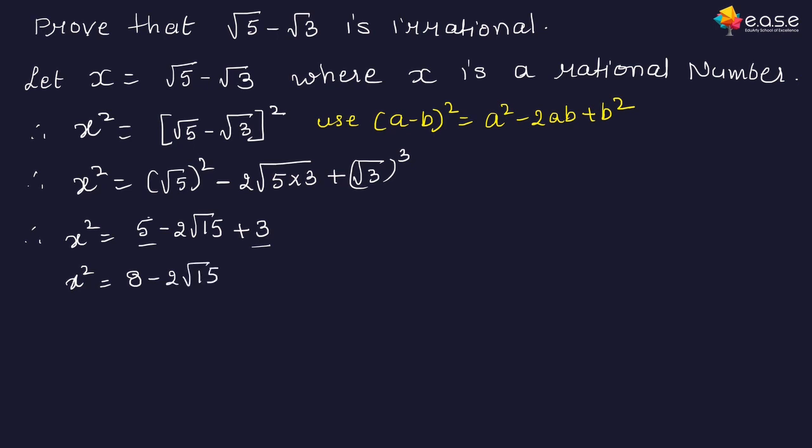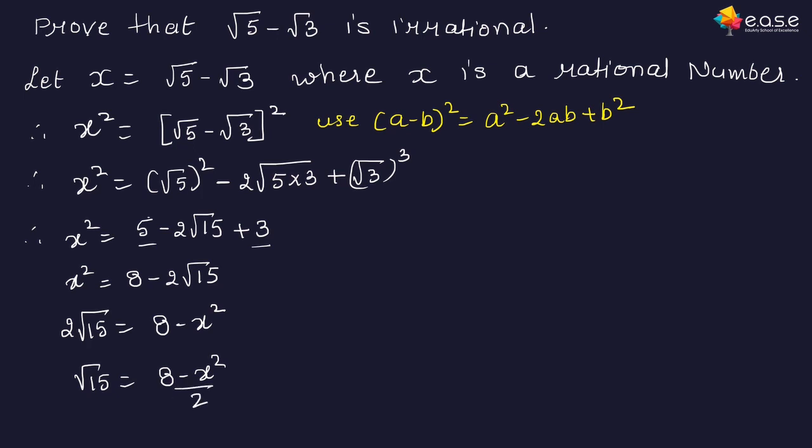Now let's take the 2 root 15 on the left side and x square on the other side, so that we don't get the negative number. So can we say that 2 root 15 is equal to 8 minus x square, correct? That means root 15 is equal to 8 minus x square divided by 2.